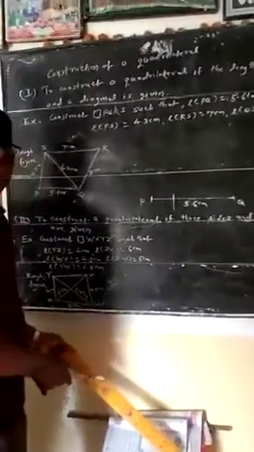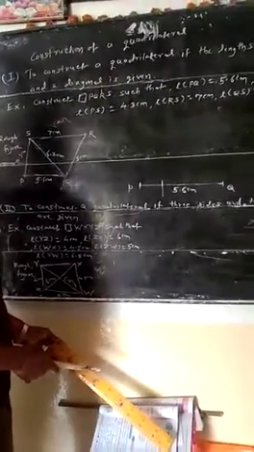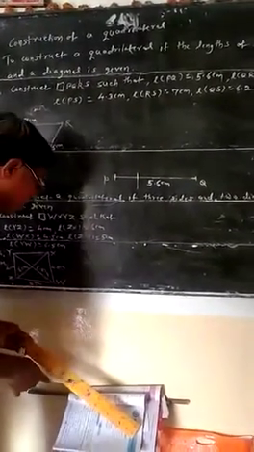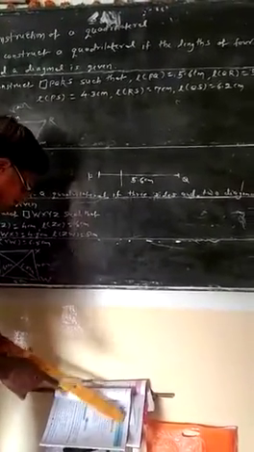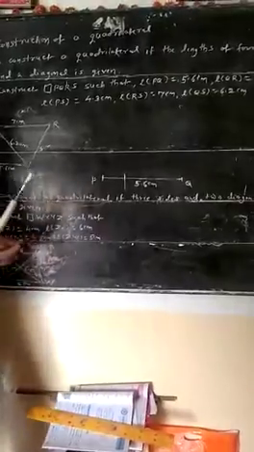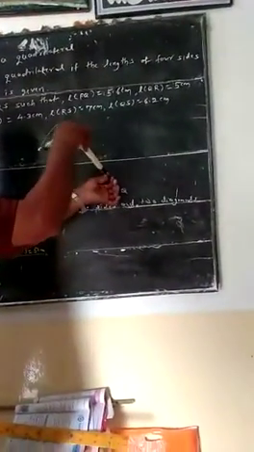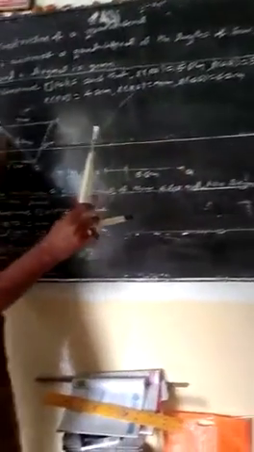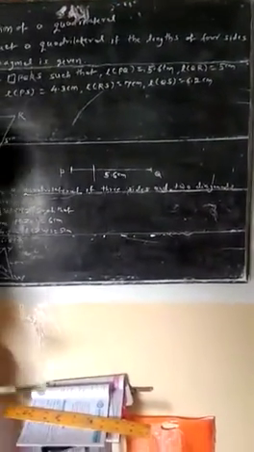Take PQ 5.6 centimeter. Then take 6.2 in the compass. Put the point on Q and draw the arc. This is SQ, 6.2. Then PS is given as 4.3.